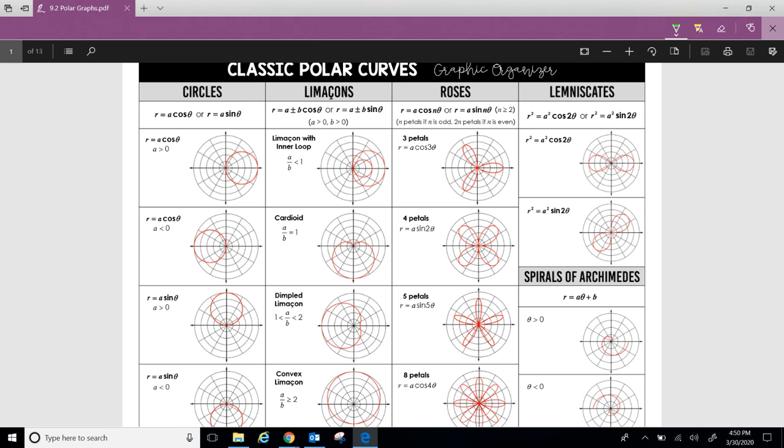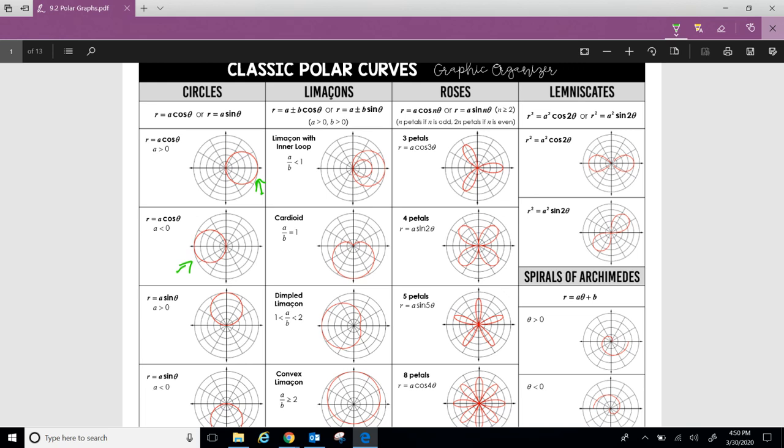We talked about basic circles before. So we have two types of basic circles, when r is equal to a cosine theta and when r is equal to a sine theta. Now, if it's cosine theta, like this one here or this one here, notice those circles are symmetrical about what we think of in our heads, because we're so used to rectangular coordinates, as the x-axis, but that's really the theta equals 0 axis, or we call that the polar axis.